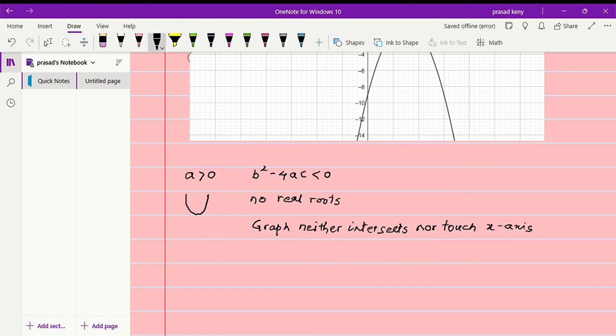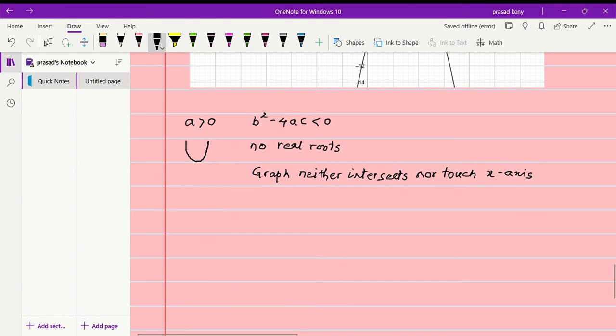So let us take one case here. Y is equal to x square plus x plus 1. So here b is equal to 1, a is equal to 1 and c is equal to 1.